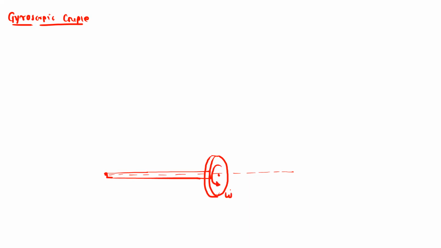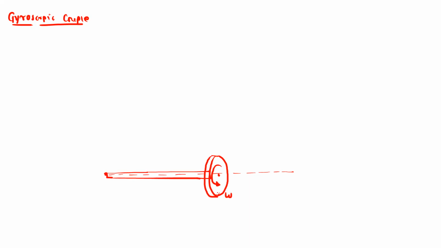So let us see what is the mathematical equation for the gyroscopic couple. We will take the same example. Suppose one shaft carries one spinning wheel, rotating with some angular velocity omega.